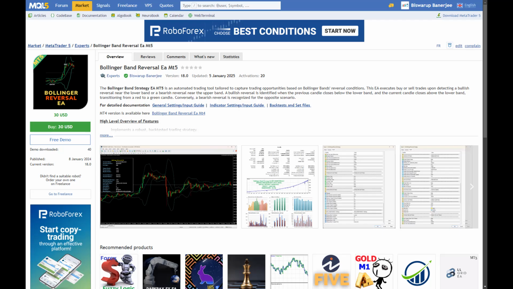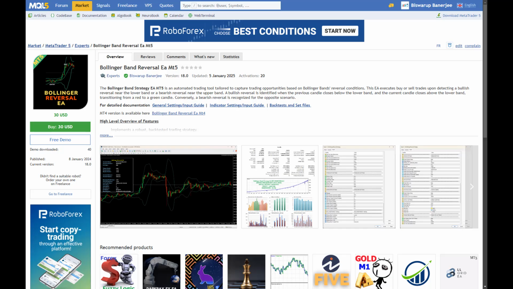The page provides a concise explanation of the Bollinger Bands strategy, detailing how the EA identifies and acts on reversal opportunities. You'll find links to essential guides, including the general settings or input guide, indicator settings or input guide, and backtests and set files to help you get started.